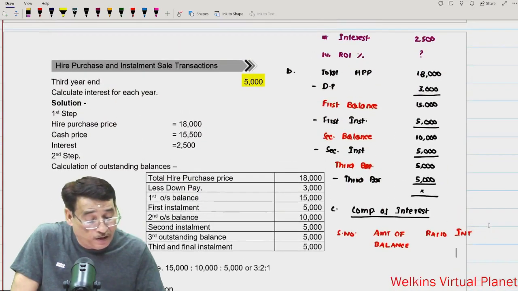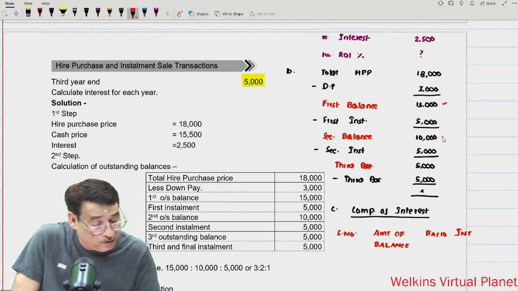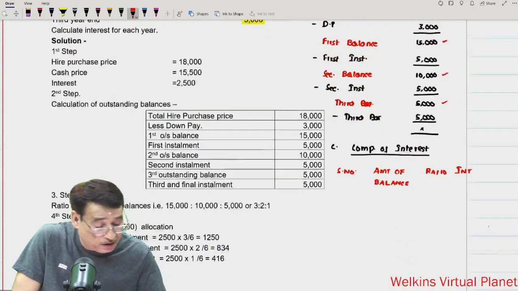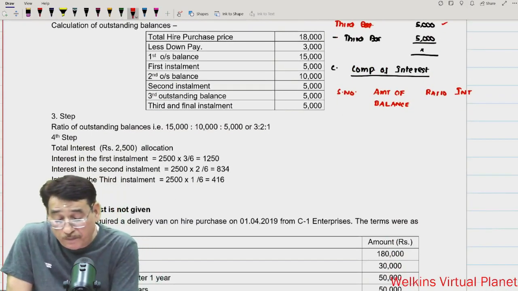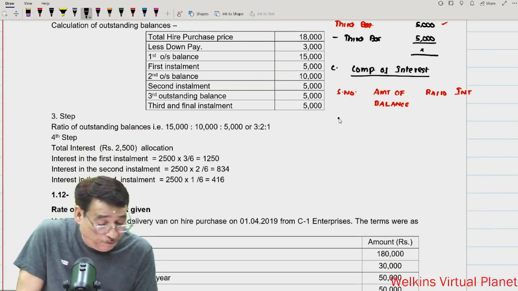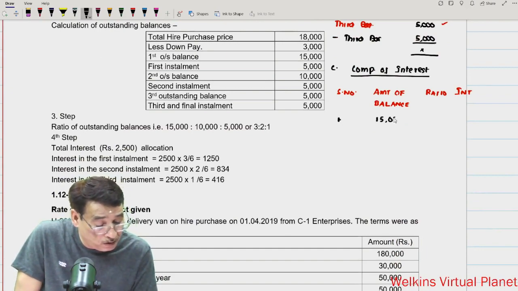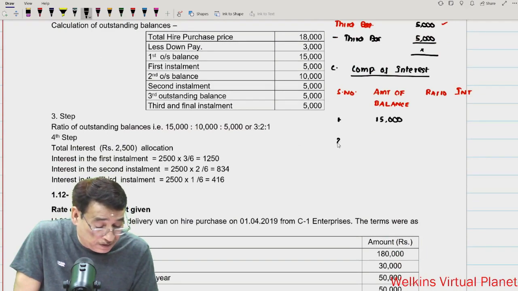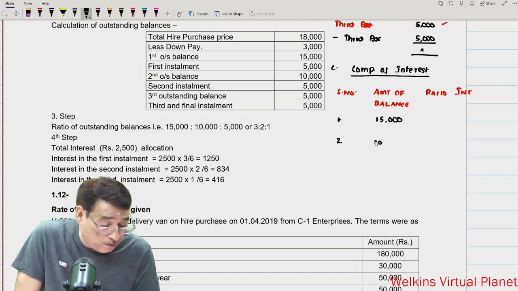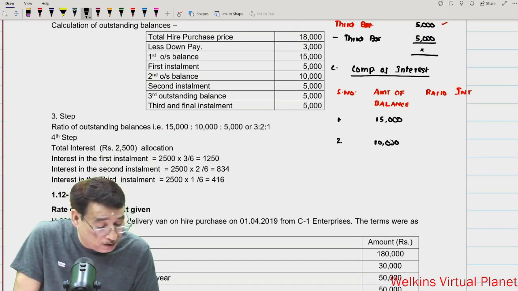See here, your first balance is 15,000, then 10,000, then 5,000, correct? You write here first balance. The first balance is 15,000. Then you write here second balance. The second balance is how much? That is equal to 10,000. And so on. Then you simply write 5,000.